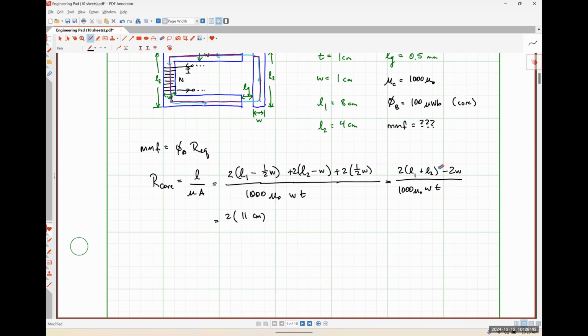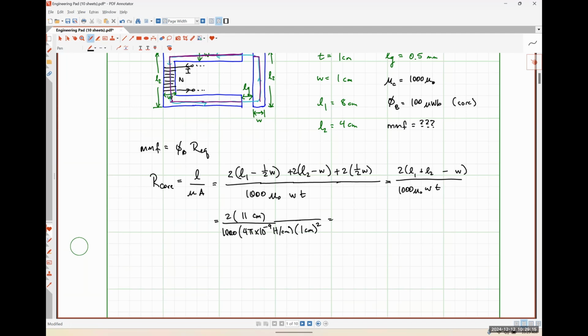So L1 plus L2 is 12, minus 1 is 11. Multiplying that by 2 will wind up giving us 22, over 1,000 times 4 pi times 10 to the minus 9 henries per centimeter. And then our area is 1 centimeter squared.